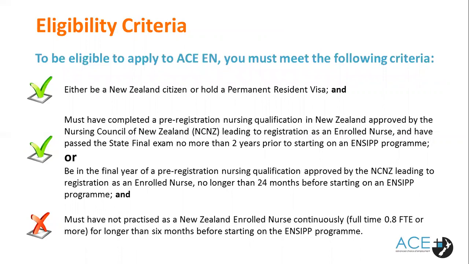Another criterion is that you must not have practiced as a New Zealand enrolled nurse continuously for longer than 6 months before starting on your NSIP program. What we mean by continuously is full-time at 0.8 FTE or more. So no more than 32 hours per week for more than 6 months.